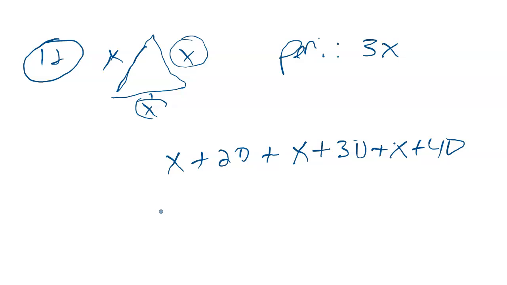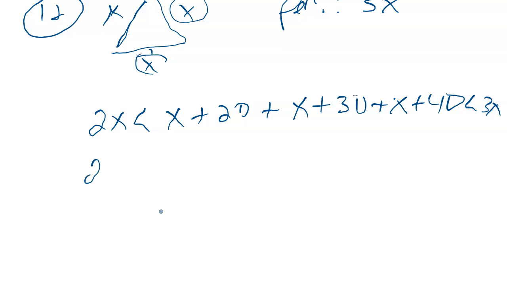So, man, I like this problem. It's challenging. We have this crazy equation, and the question is, how are we going to solve this? So 3x plus 20, 30, 40, that's 90, I think. Ooh, I messed up.